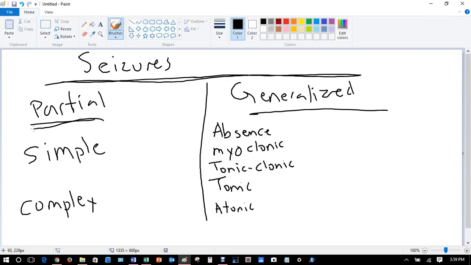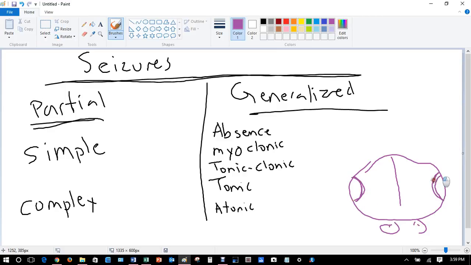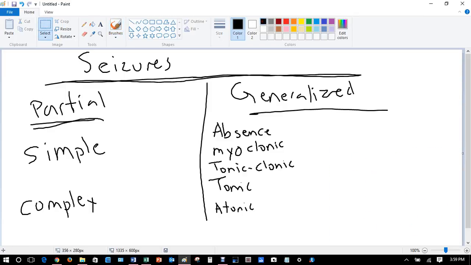If you remember the brain, here's a brain for you, and if this is the front of the brain, like here's the eyeballs, the temporal lobe is off here on the side next to the ears. Okay, so think about listening to a tempo with your ears. That's the temporal lobe. So it's going to be the medial temporal lobe, and it's often preceded by a seizure aura.